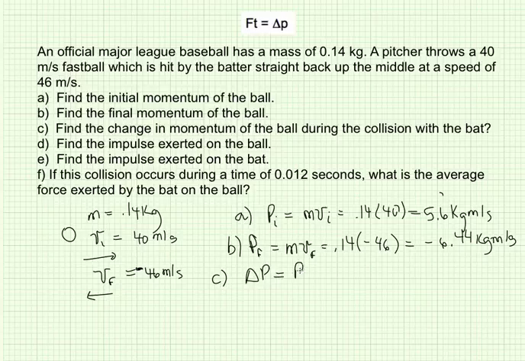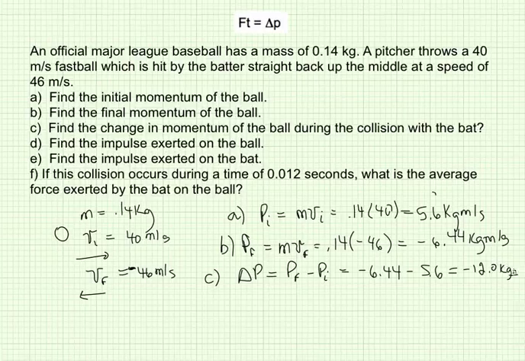For part C, it says, what is the change in momentum? The change in momentum is the final momentum minus the initial momentum, which is negative 6.44 minus the initial momentum, which is 5.6. So in fact, instead of subtracting those two values, you're actually summing them up, giving us a negative 12.0 kilogram meters per second.